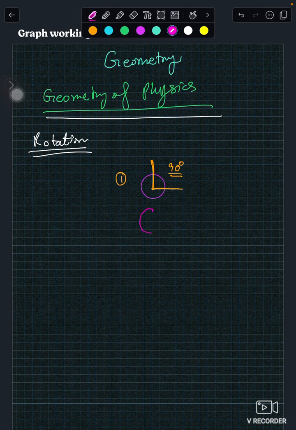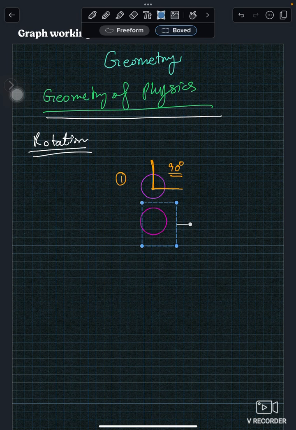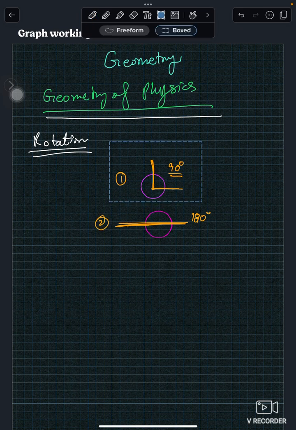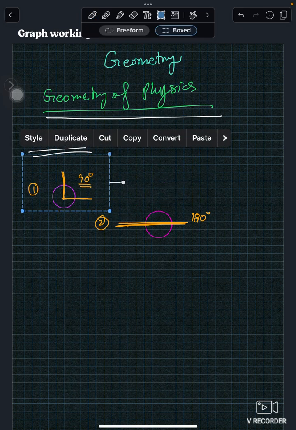Let me change color for now so I can differentiate. I'm just showing you for now, then we'll talk about detail. This is 90, this is 180. And then we go on to the second.